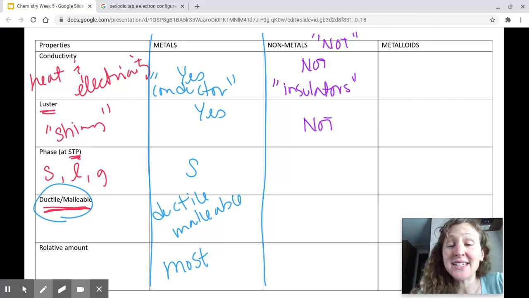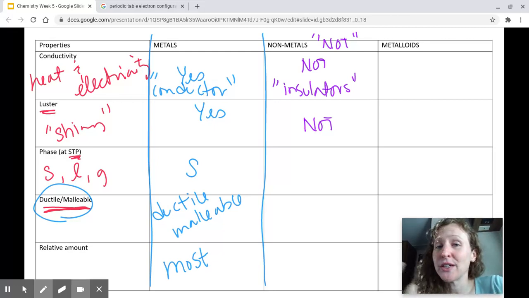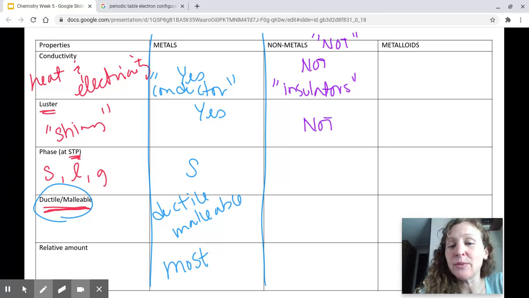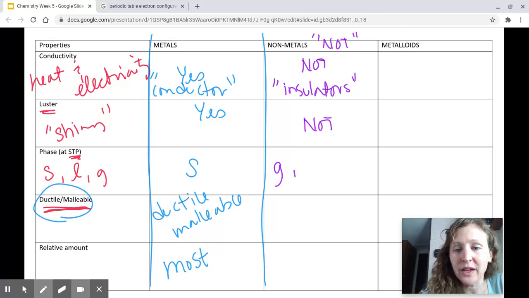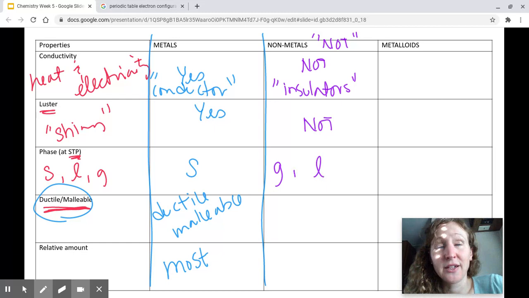Okay, at STP, nonmetals are actually very confused. Lots of nonmetals are gases like oxygen, nitrogen, most of the halogens at STP. Some of them are liquids, like bromine.